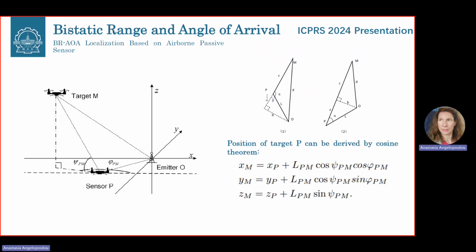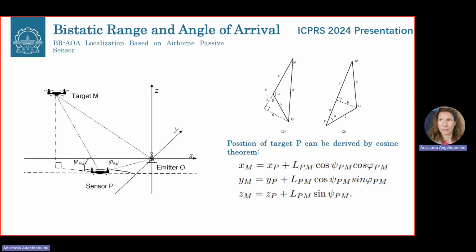The angle of arrival is the angle between the sensor and the target arm. In the radar frame, we can easily obtain the vector OP and the direction of the vector PI, which means we can easily derive the position of the target by using the cosine theorem.